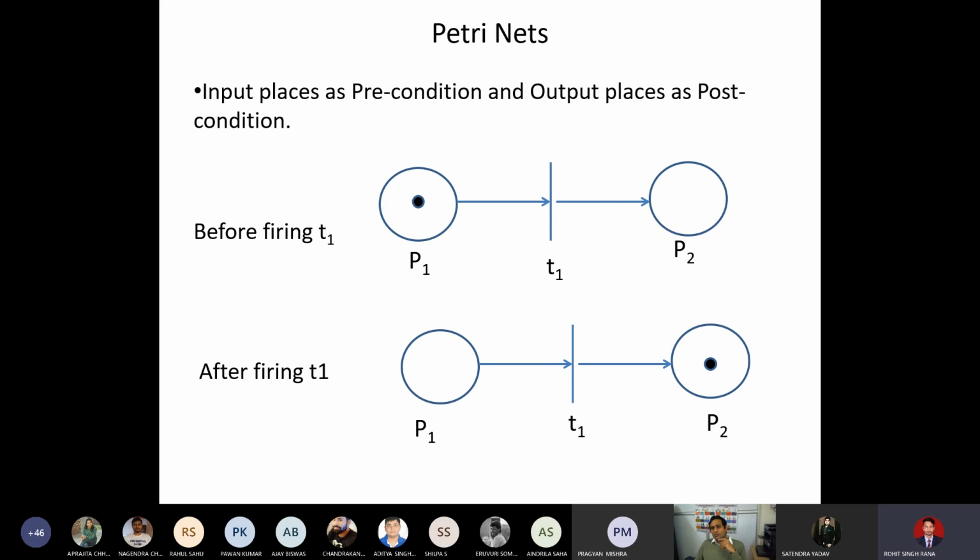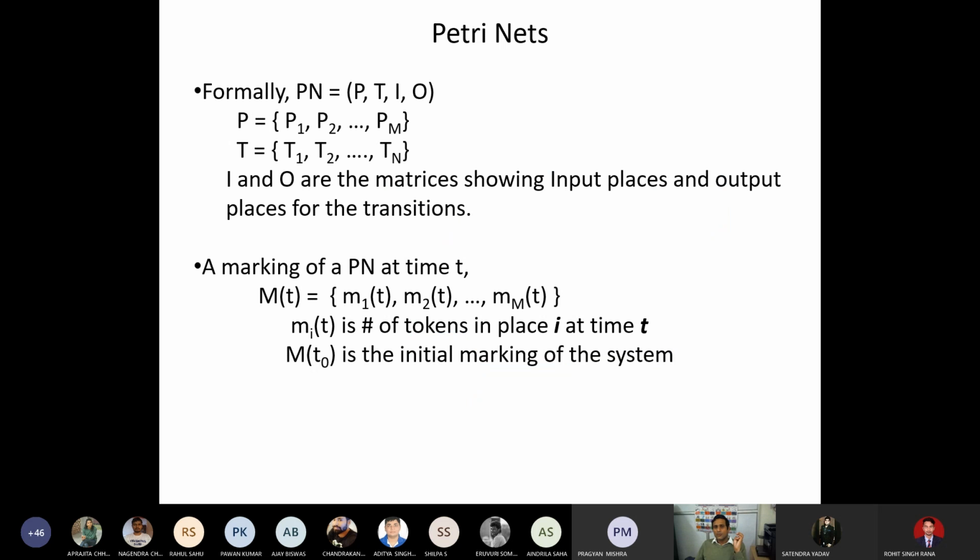This is what we call a marking: recording the number of tokens carried by each and every place at any point of time. In this case, at time t0 you have one marking, and at time t1 you have another marking. So whenever you have a Petri net, you will have a sequence of markings.